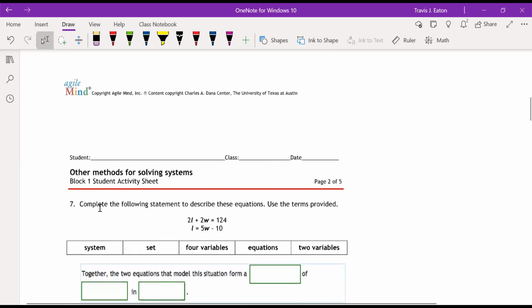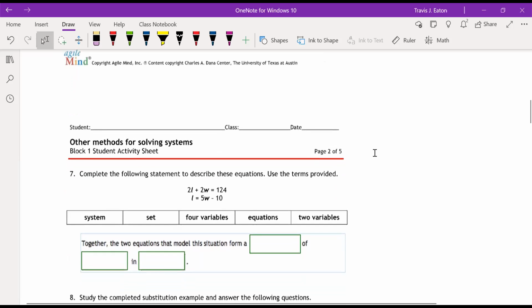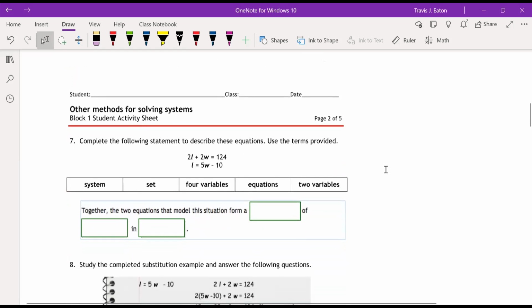We're going to complete the following statement to describe these equations. Okay. So what we have here, you might be familiar with these. These look exactly like when we were talking about the werewolf family that was vacationing, and the pool happened to be a rectangular swamp.